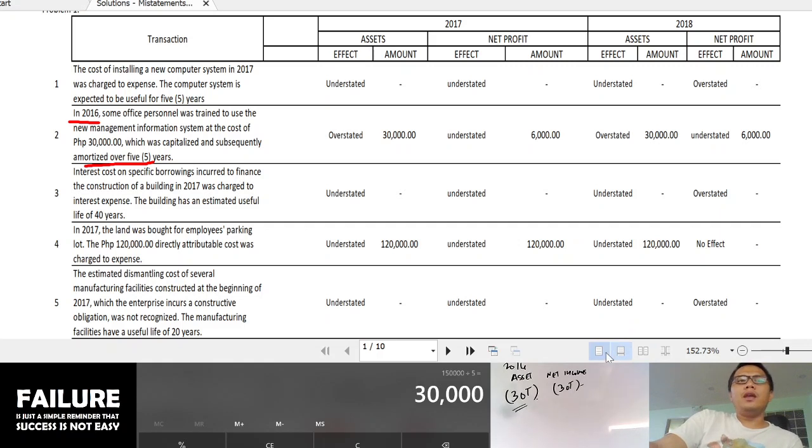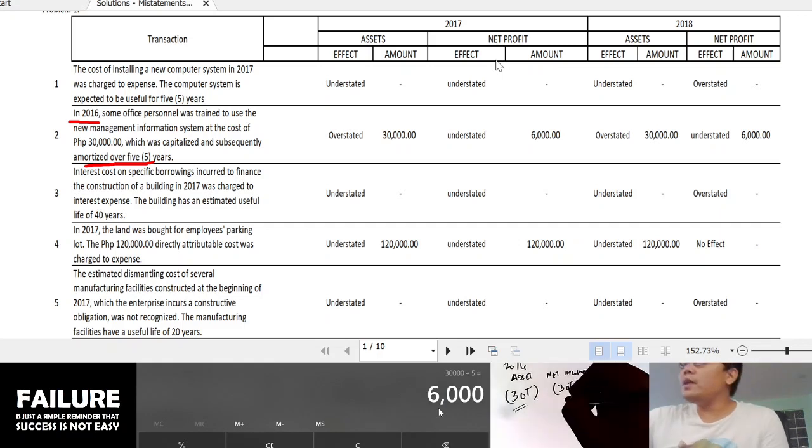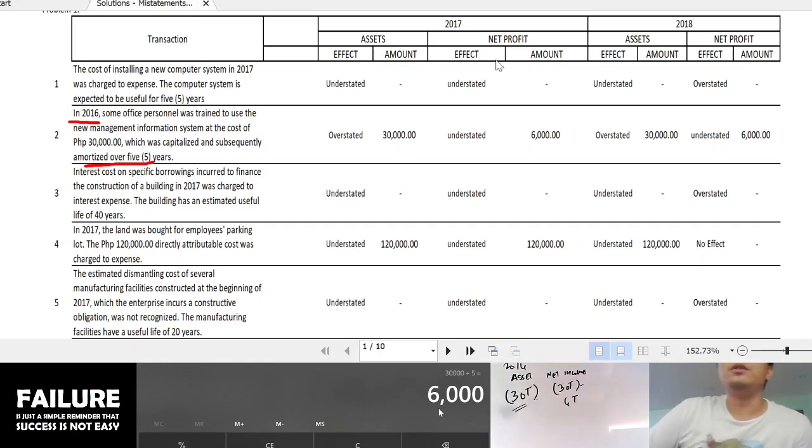Okay? However, because they amortized it for 5 years, okay? They amortized it by 5 years. Ang effect ngayon is that because of the amortization, which is amounting to 30,000, the cost divided by 5 years, we have a 6,000 amortization.